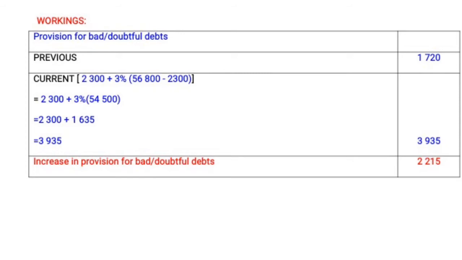Right. Remember, in addition to a general provision of 3%. So I'm going to multiply 54,500 times 3%. You get 1635. So 2.3 plus 1635.